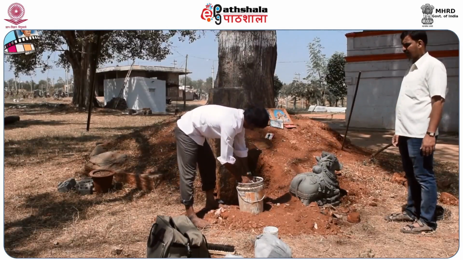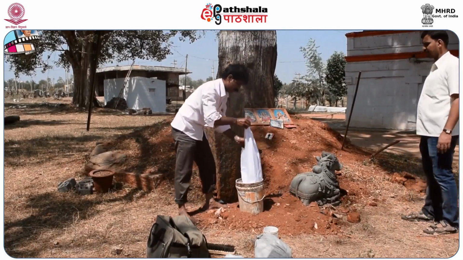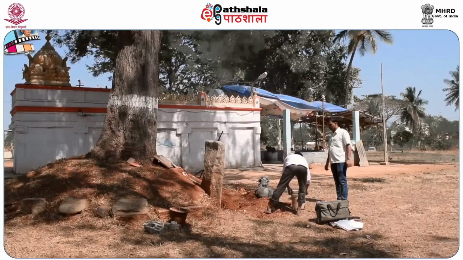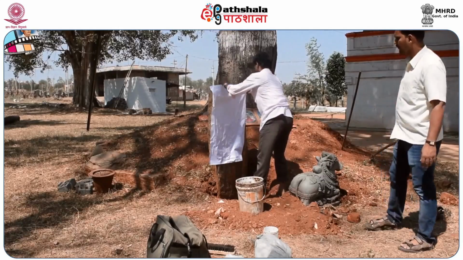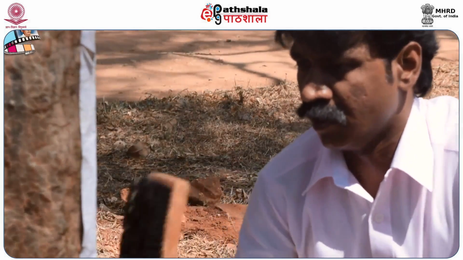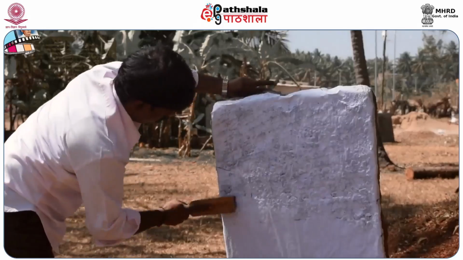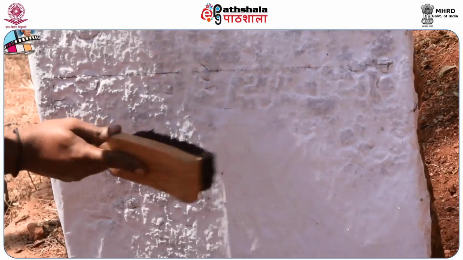After this, the map litho paper, which is used to copy the inscription, has to be dipped into a bucket of water and then placed uniformly on the stone. Then, by using the brush, the paper has to be beaten in such a way that the letters engraved on the stone will be impressed on the paper.